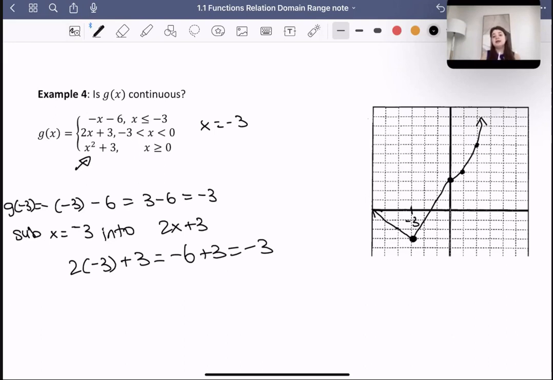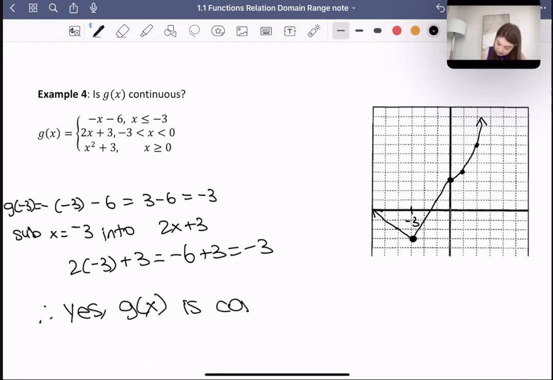And then same at x equals 0, we had to check that point to see if the hole that was going to be at x equals 0 got filled in by the same function. So therefore, yes, g of x is continuous, because every single hole we had ended up just getting filled in, right?